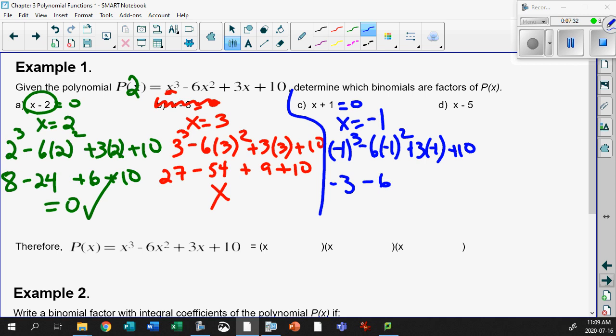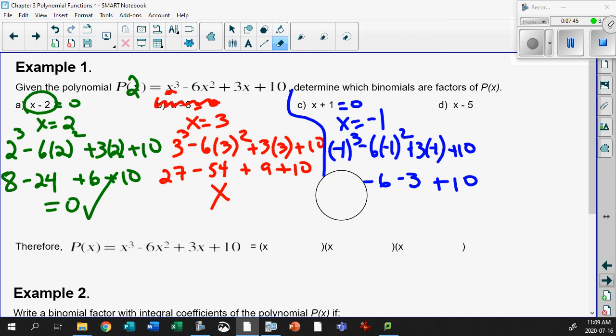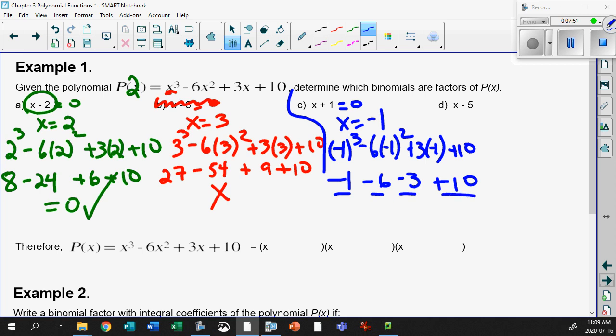That's going to give us minus 3. That's going to give us plus 10. Now, check this out here, folks. If we did all of that, look at this. Minus 3, minus 3. What am I talking about? That should be minus 1. Minus 1, minus 1, minus 6, and minus 3 add up to minus 10. Plus 10, that equals 0. Guess what? That's a factor.